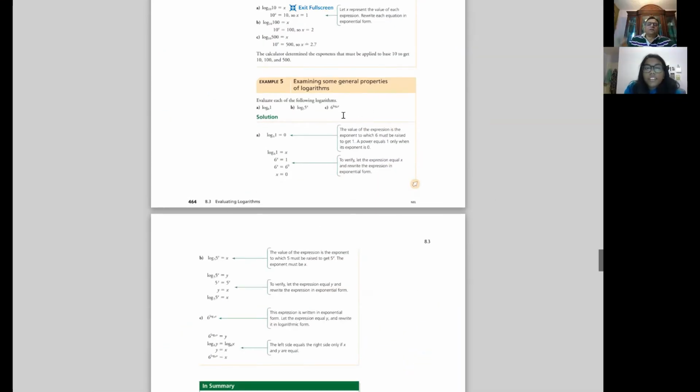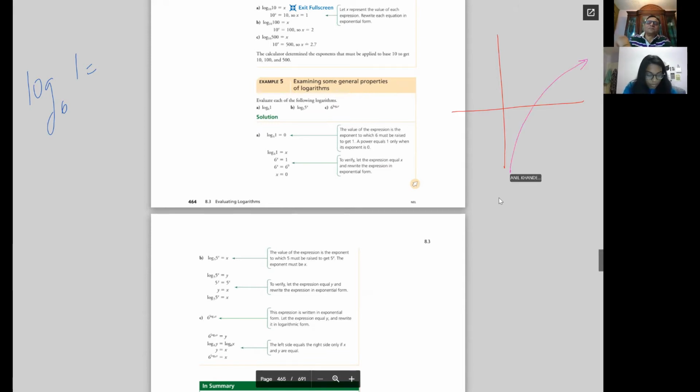The properties of logarithms. Can you tell me the answers for each? Log to the base 6 of 1. So what you have to do first is set it equal to n, so 1 equals 6 to the power of n, right?